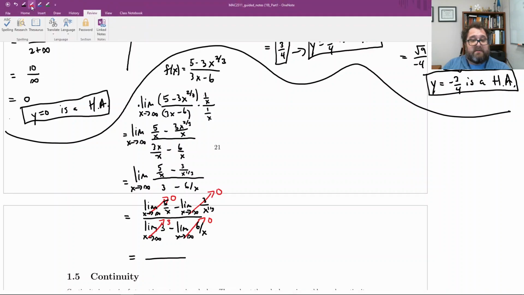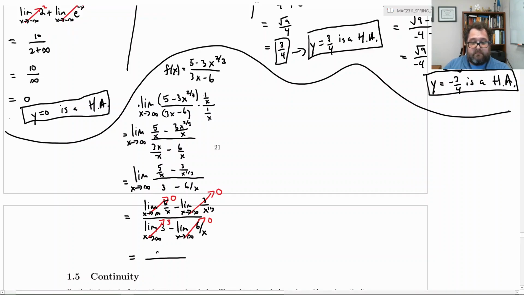So we get 0 minus 0 over 3 minus 0. Of course, 0 divided by 3 is 0. That's not a problem. So we could say this implies that y equals 0 is a horizontal asymptote.